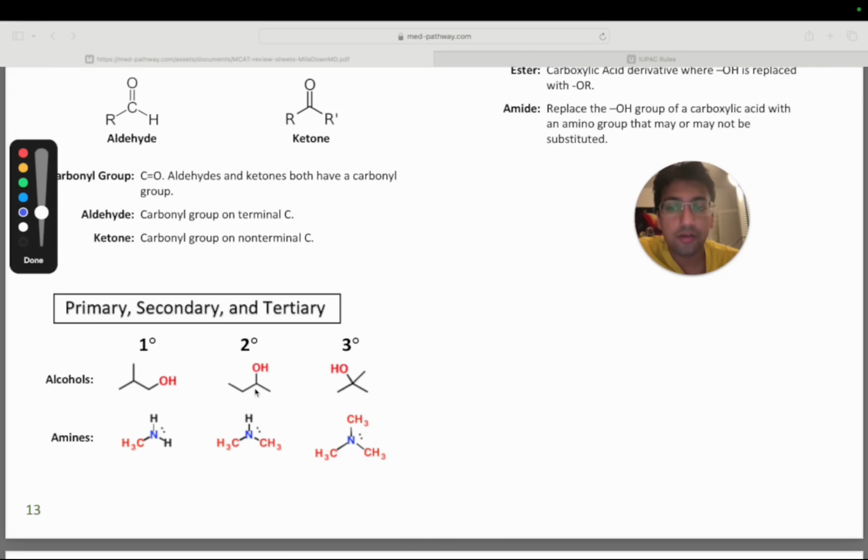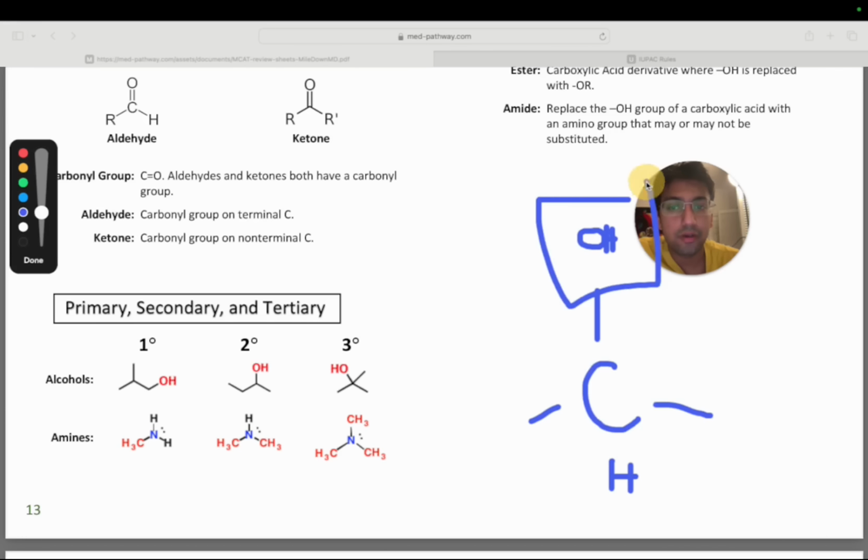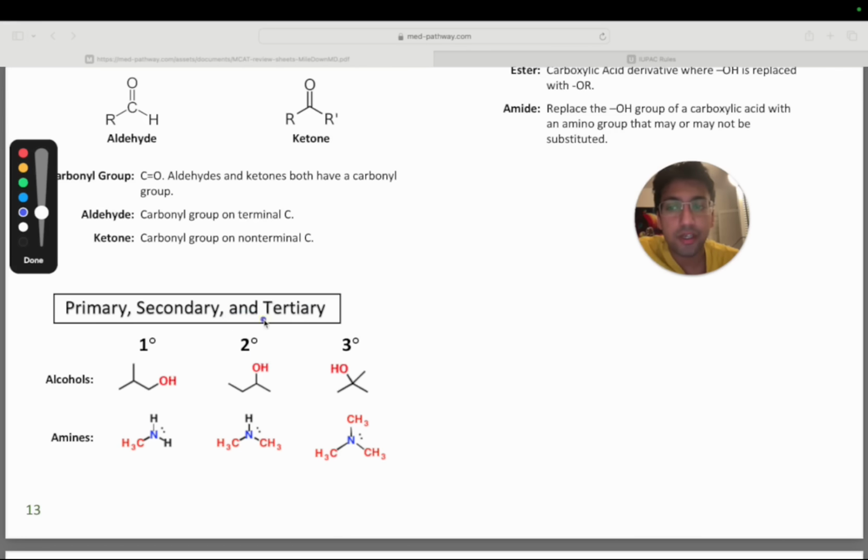Versus, let's say now that your carbon is bonded to two other carbons, a hydrogen and your alcohol group. Well, in this case, we would say your alcohol group is on a secondary carbon, so that's a secondary alcohol. Now, a tertiary alcohol is when that carbon is not bonded to any other hydrogens.